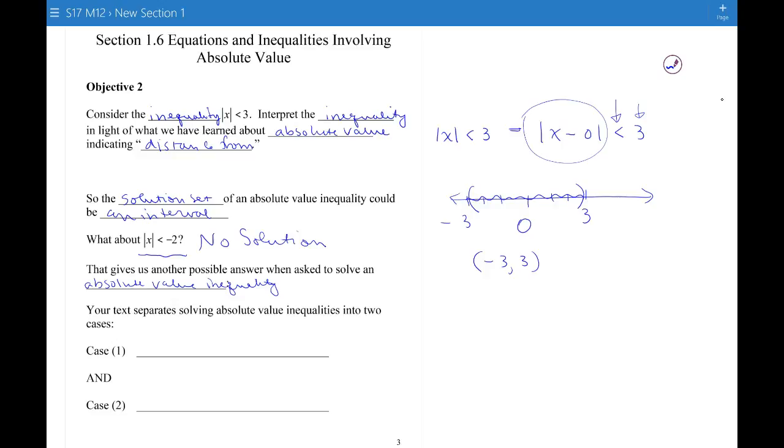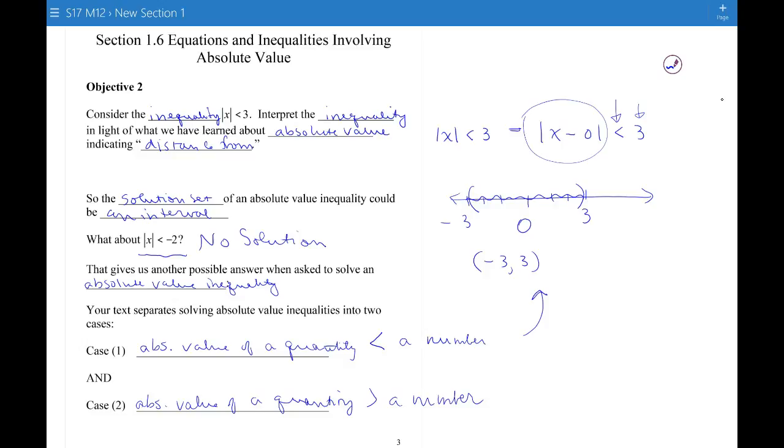Case 1 is where the absolute value of a quantity is smaller than a number. So that's similar to this one we just did here. And the absolute value of that quantity is bigger than a number, in which case you get a very different looking answer.